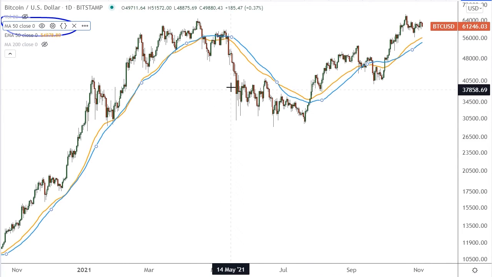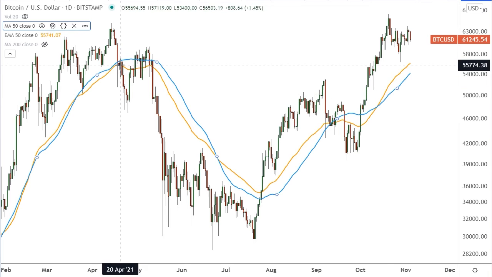As a result, the orange line tends to react quicker to price. You'll notice that when we came up into this high, the orange line did not go as high as the blue line, and it started to turn lower well before the blue line did. That's because as this downtrend was starting to take force, the exponential moving average was giving more weight to the most recent price action.